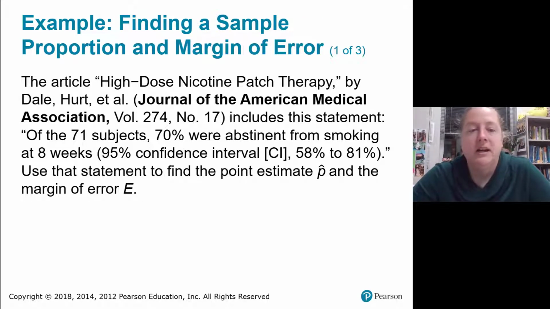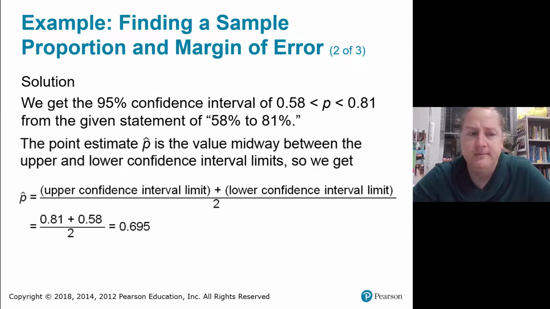So let's take a look at a write-up of this. We might say something like, our 95% confidence interval is 58% to 81% in this case. All right. So we say, okay, what was p hat and what is the margin of error? The 95% confidence interval is 0.58 to 0.81, from that statement of 58% to 81% that I read before.